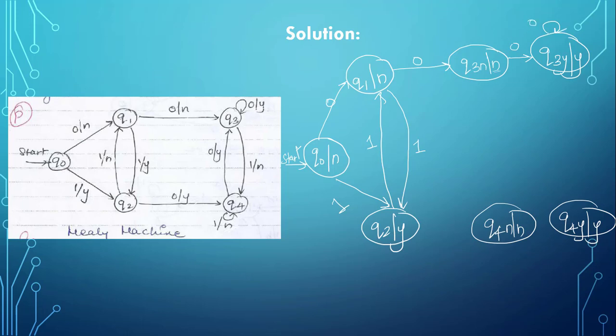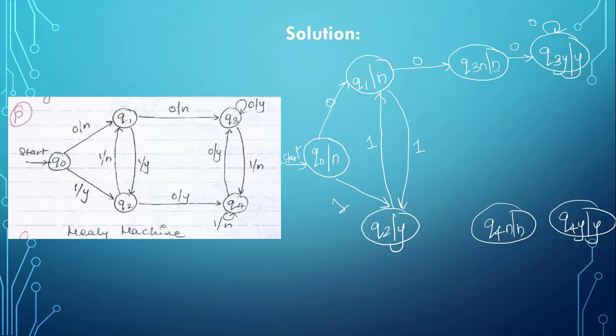Since the output symbol is only Y that we are dealing with, we will not have any self loop over Q3N, and no incoming transition from Q3Y to Q3N. Since the output symbol associated with the self loop of Q3 is Y, we will not have a self loop on Q3N, but we will have the transition from Q3N to Q3Y.